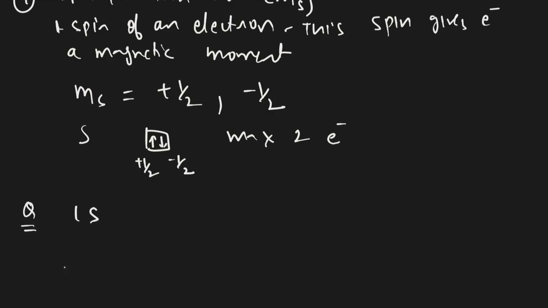In this particular case you have to tell me all 4 quantum numbers. As you can see, 1 is written, so obviously n is 1, and then s is written.